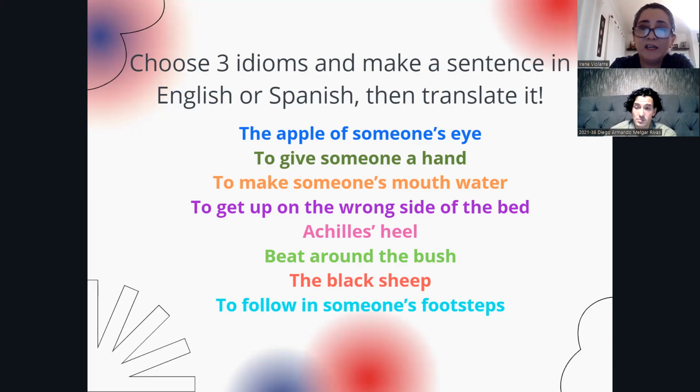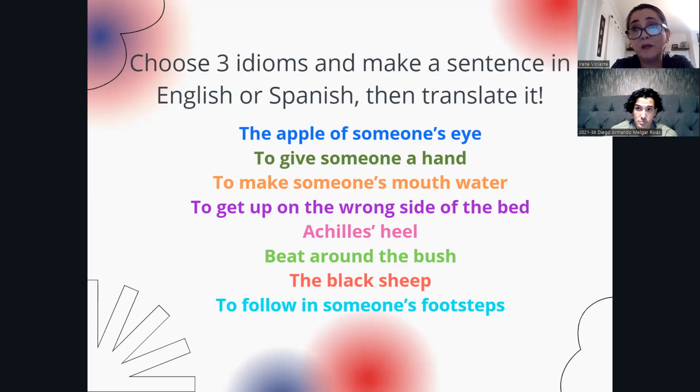Okay, now, do you think these expressions are easy to use and remember when you're speaking in English? Yes, it will be easy because I know what those idioms mean and I can relate it with my Spanish language and compare and contrast them and use it as a normal way to speak English.